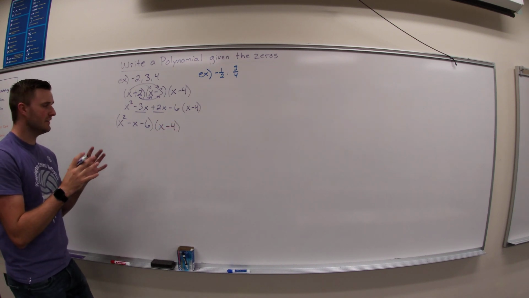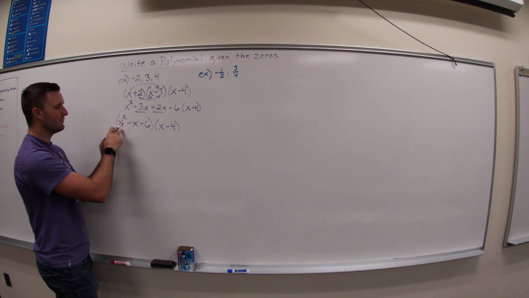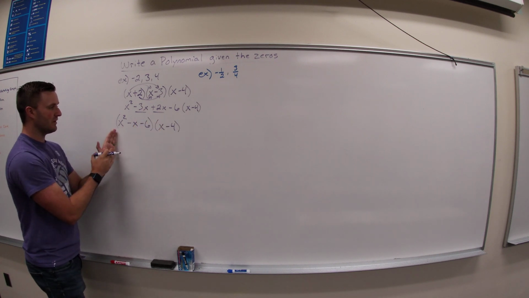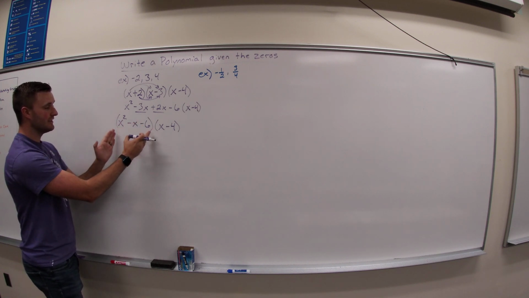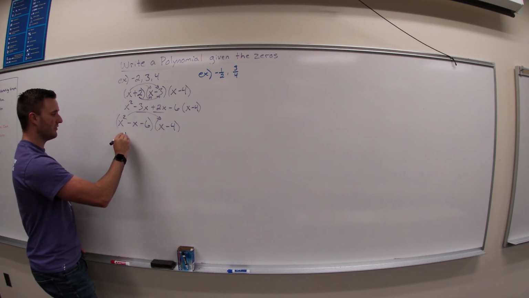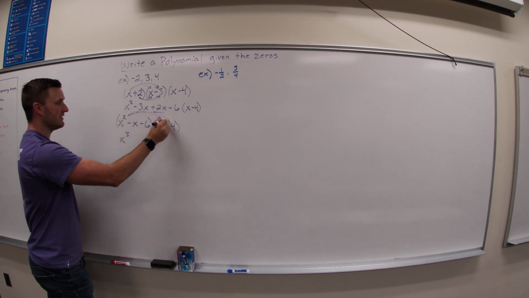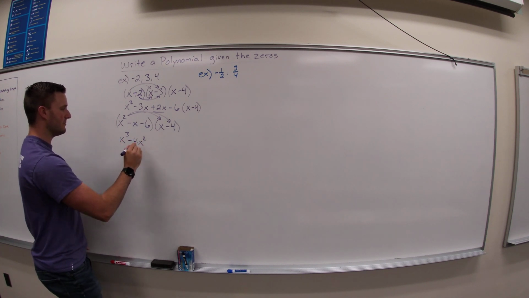Remember, just go through the same process. You take your first term and multiply that term to every term in the next set of parentheses, and you're going to do that with all 3 terms here in our first set of parentheses. So x squared times x is x to the 3rd power. x squared times -4 is -4x squared.